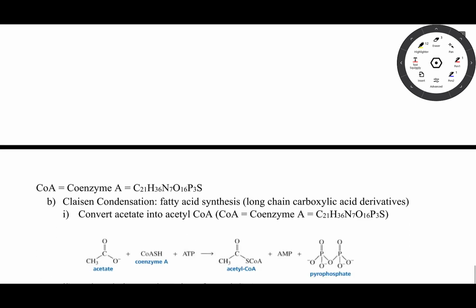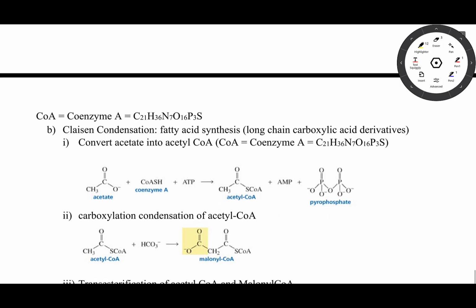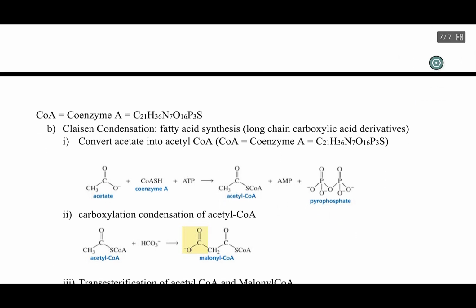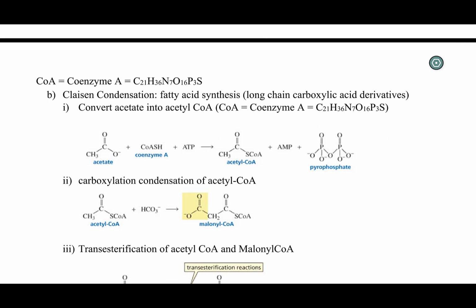So another interesting application of alpha carbon chemistry is in fatty acid synthesis. In the body, I don't know if you're familiar with fatty acids, but fatty acids are often 12 to 22 carbons long, typically 16, 18.